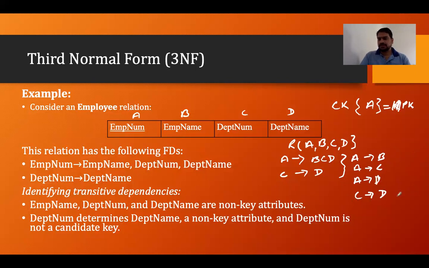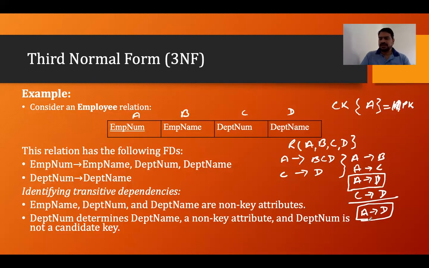Now, with the help of all these functional dependencies, we find some more: A determines C, C determines D, and A determines D. We find A determines D with the transitivity rule, which is already there.